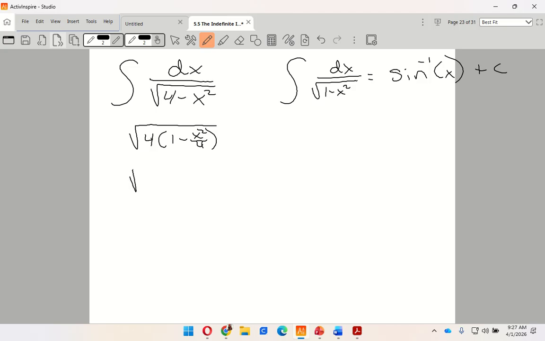So I could rewrite it as rad 4 times 1 minus this right here. I gotta try and rewrite that though. That's gonna turn into x over 2 squared. Now, you see what I did there? By taking out that 4, I have now made it into this, right? It's closer. It's almost there.